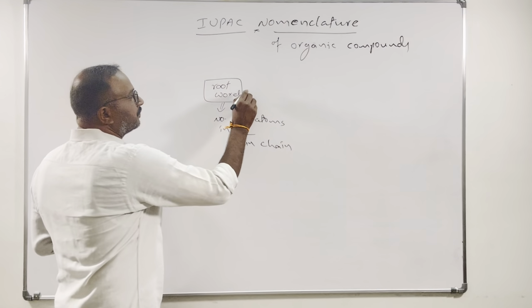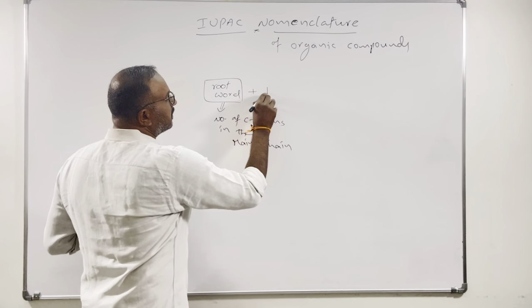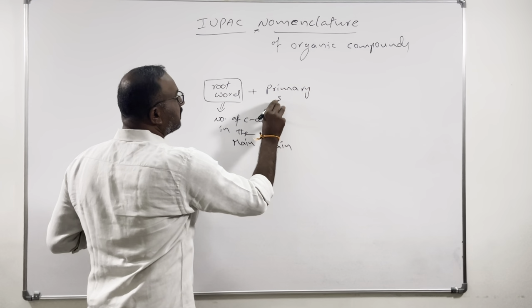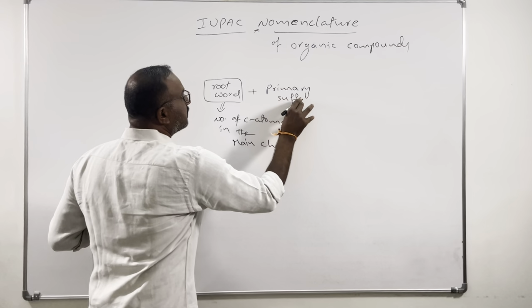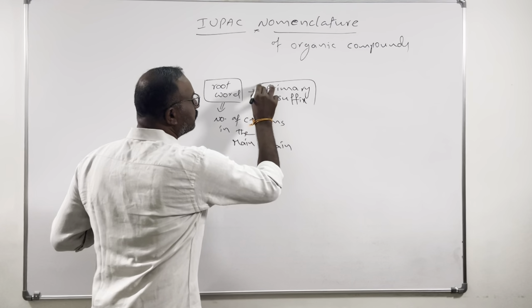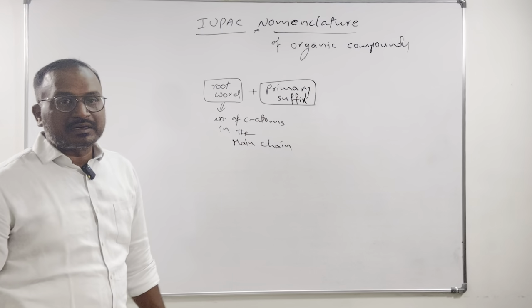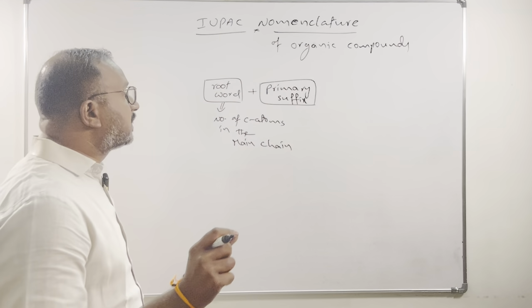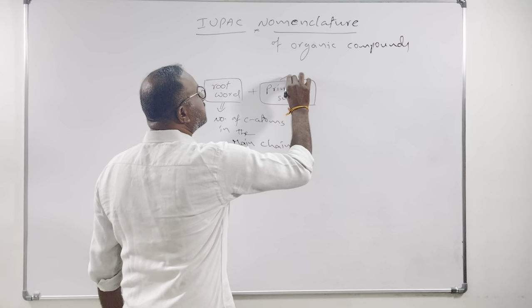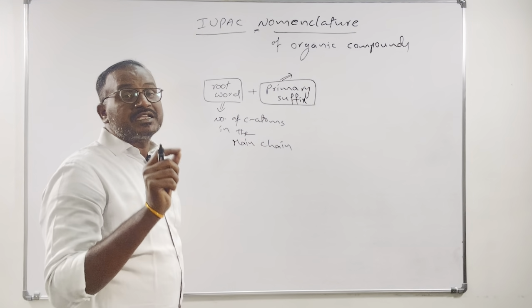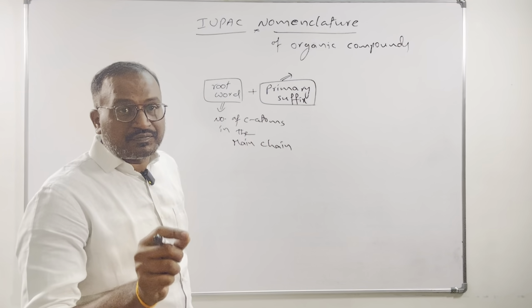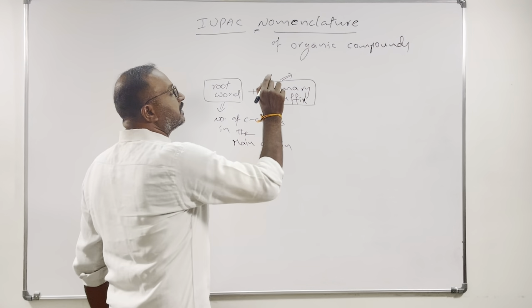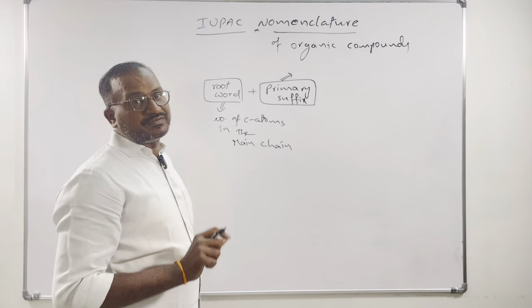After the root word, the second concept you should know to write the IUPAC name is the primary suffix. It represents the saturation nature of the organic compound. When it is saturated, it has the suffix ane.